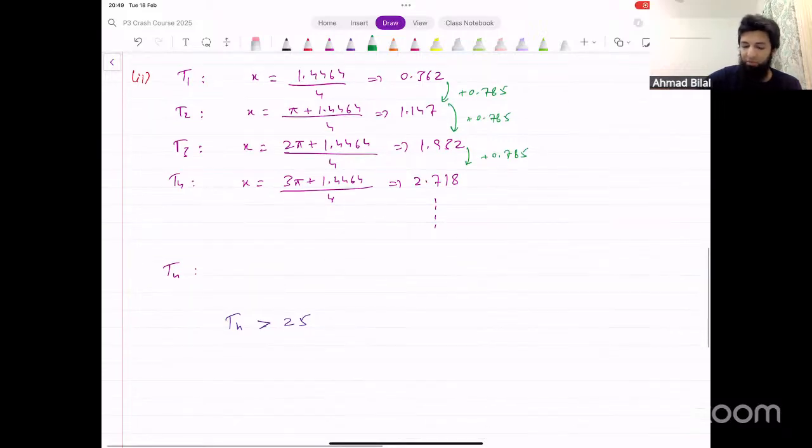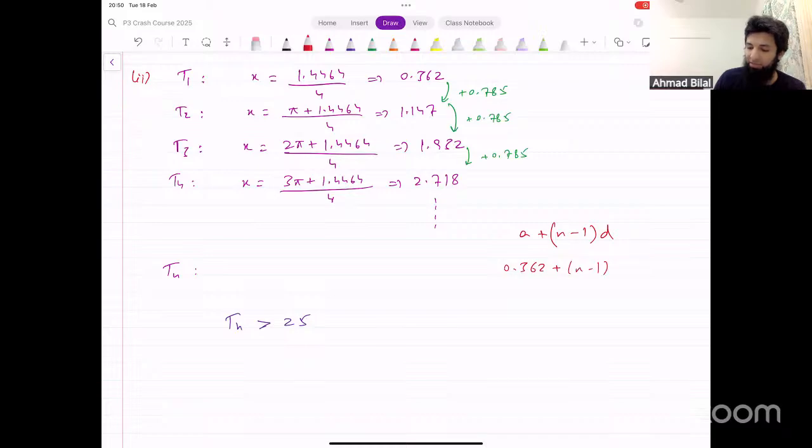You're adding the same number again and again to get the next value. That means we can treat it as an arithmetic progression, which is a plus n minus 1 times d. What's the first term? The first term is 0.362 plus n minus 1 times the difference, which is 0.785. This is the nth term.